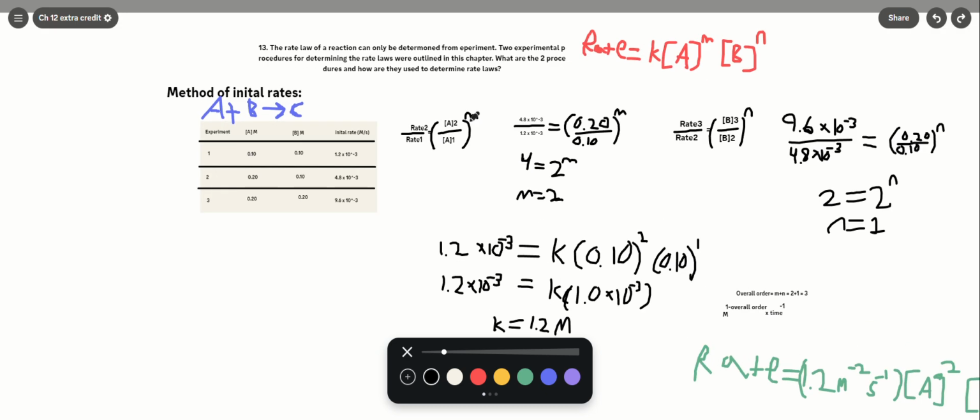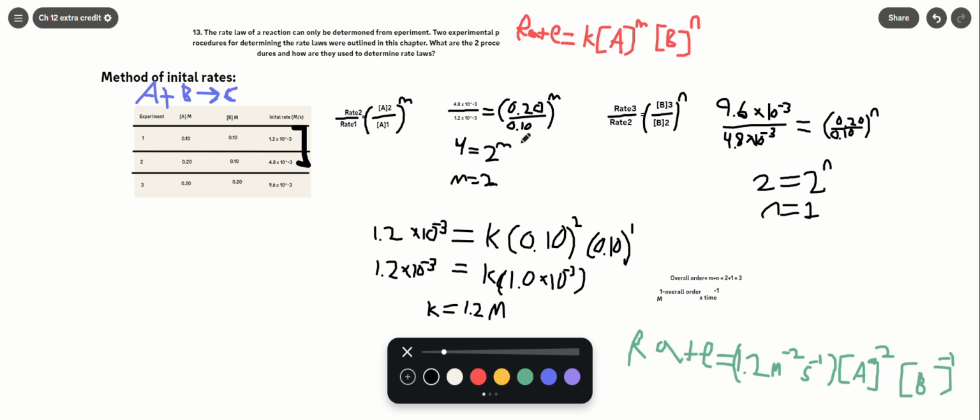The way you find the rate law using initial rates is you divide two initial rates. For example, here in this example problem or table, you would divide rate 2 over rate 1, but you would also have to divide the concentration of A, A2 over A1, which is shown here.